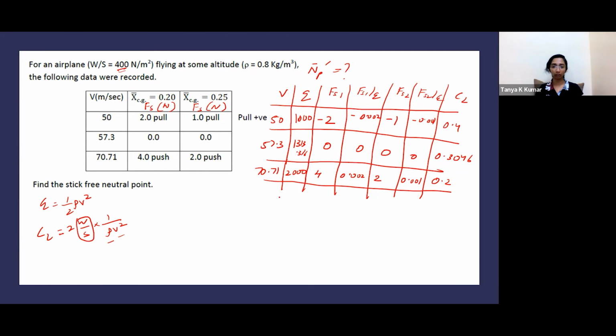So what we need to do now is to plot, right? Fs1 by Q versus CL, and Fs2 by Q versus CL. So we make a graph. Just erase this part of the screen.